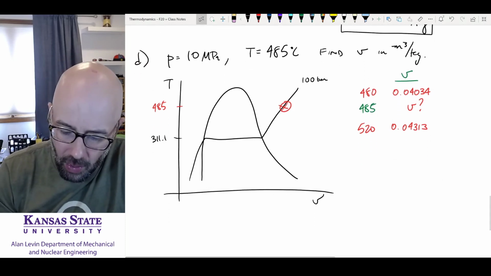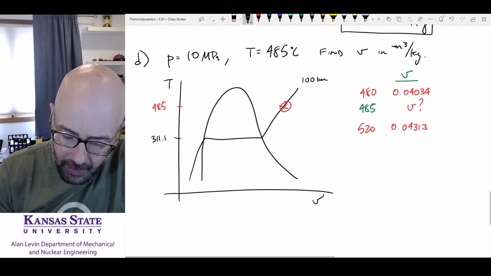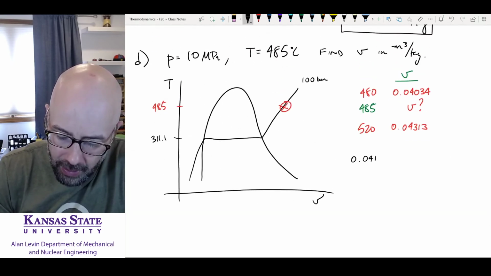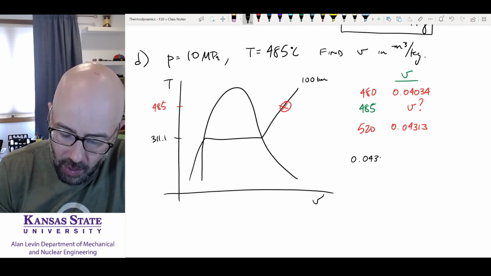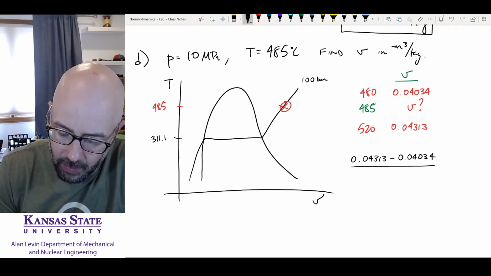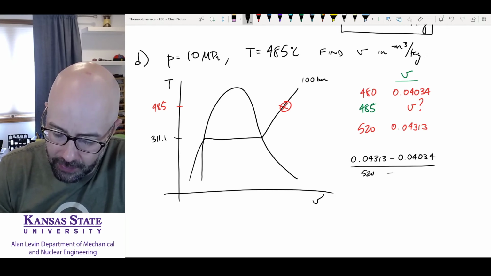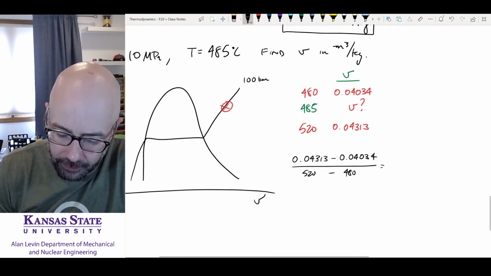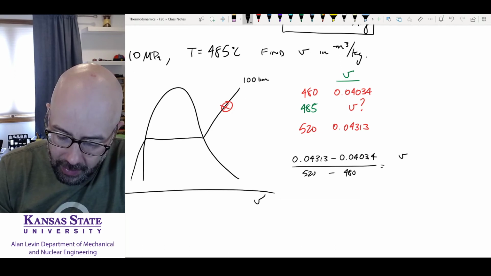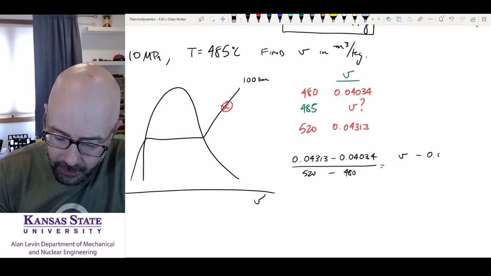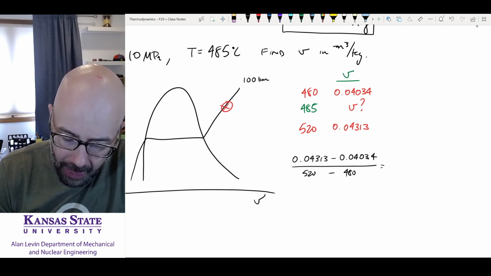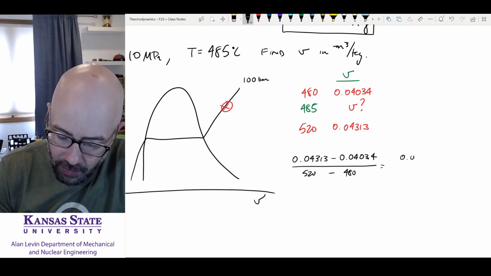So we're going to say rise over run. I'm going to say 0.04313 minus 0.04034 over 520 minus 480, is going to equal high minus low, so 0.04313 minus specific volume, all over 520 minus 485.